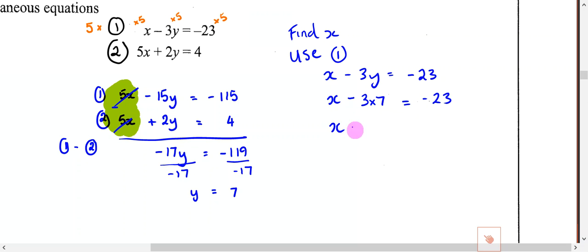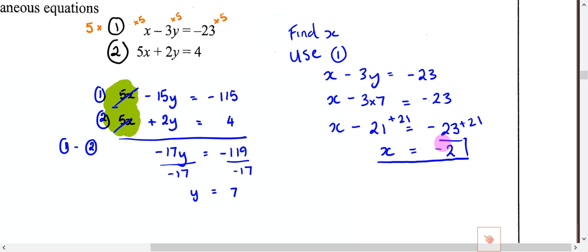So that's x minus 21 equals negative 23. So what do we do? Add 21 to both sides, so that we know that x equals negative 2. Okay? All good? We get there?